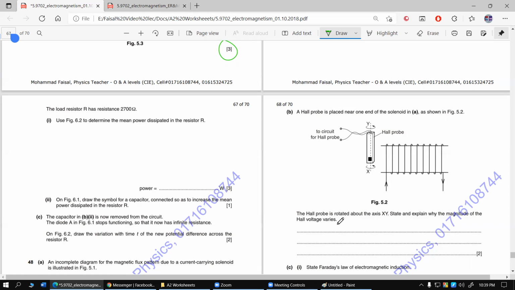When the Hall probe is rotated, the magnetic field lines that cut across the conductor of the Hall probe, I mean, the angle between the magnetic field lines and the orientation of the Hall probe, varies. And after every 180 degree rotation, the direction through which the magnetic field lines cut reverses.